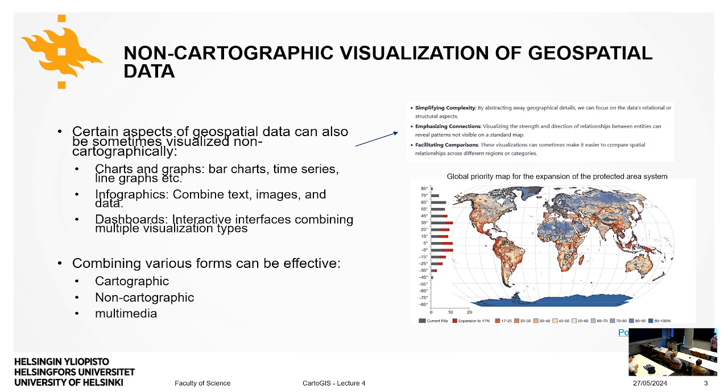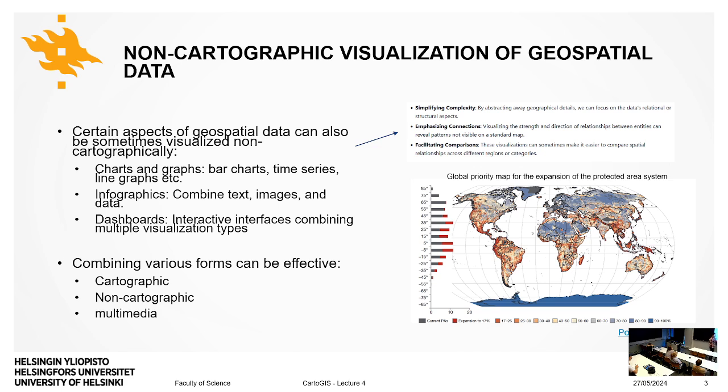So I have provided a link in this slide and also on the course's website to this article, which has a number of people involved, including Enrico and Tuuli from here, that you know. And they have very nice visualizations here. They have nice maps, but I also like especially how they combine the cartographic and non-cartographic elements. And to make the charts easy to use and connect with the maps, they use some kind of color coding.